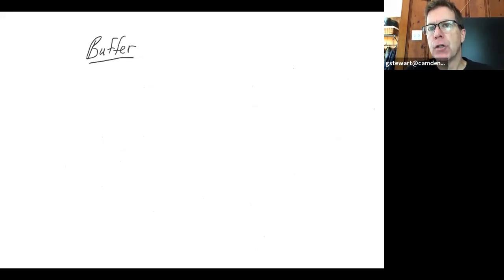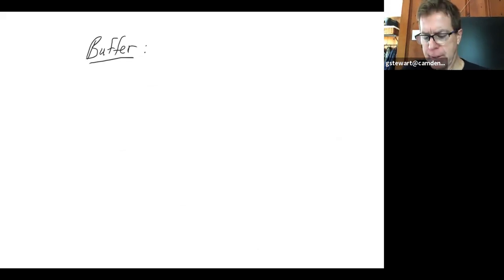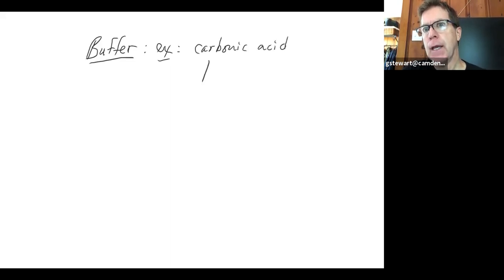And finally, the term buffer. That refers to something that can change the pH, helping to neutralize extremes in pH. An example of a buffer in the human body would be carbonic acid, H2CO3, and I'll explain why.